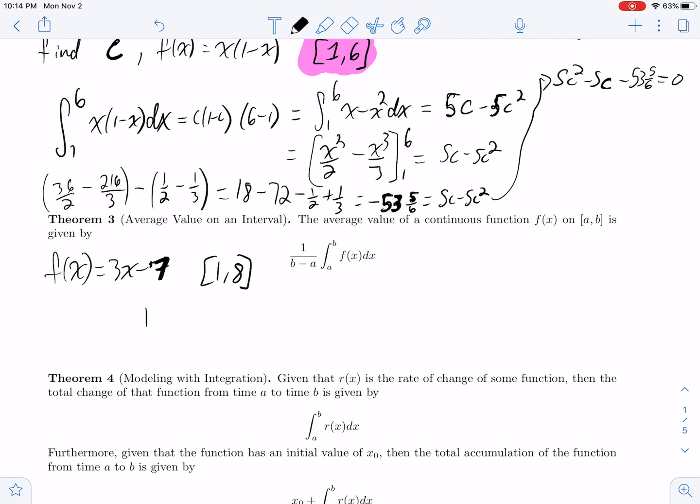So I'm going to get 1 over 8 minus 1 times the integral from 1 to 8 of 3x minus 7. Oh, times, not equals.